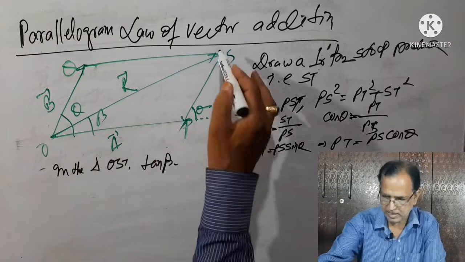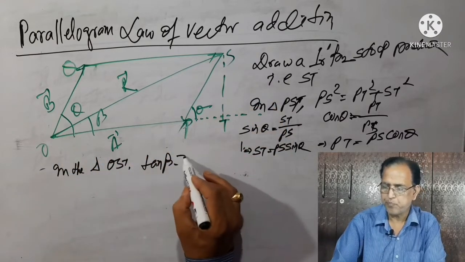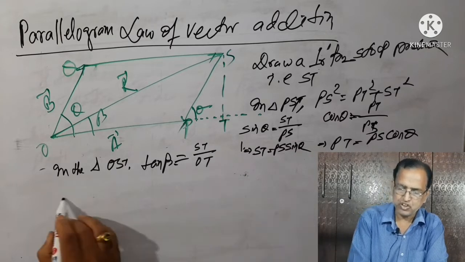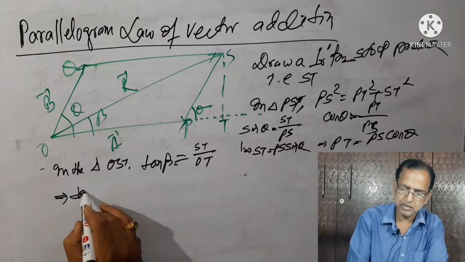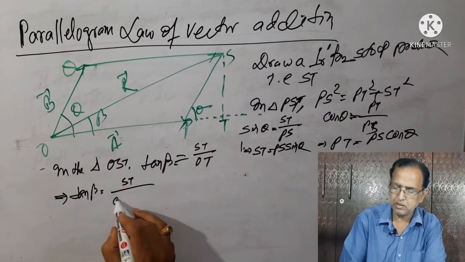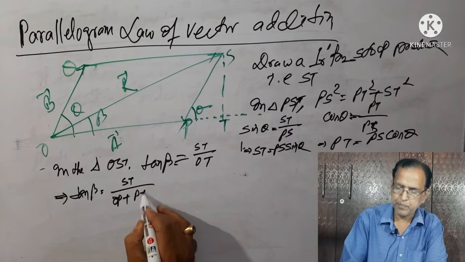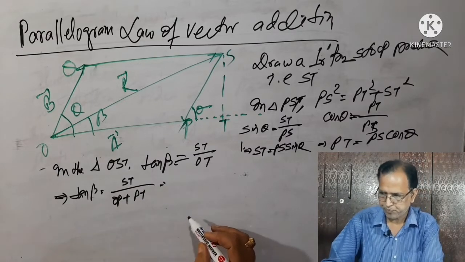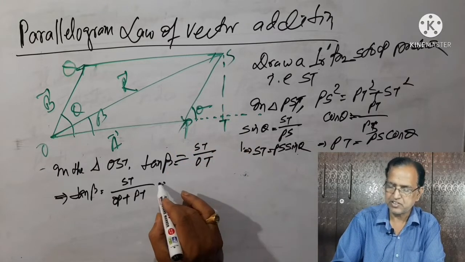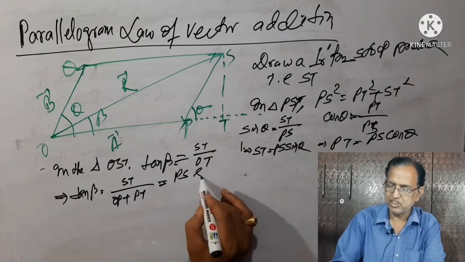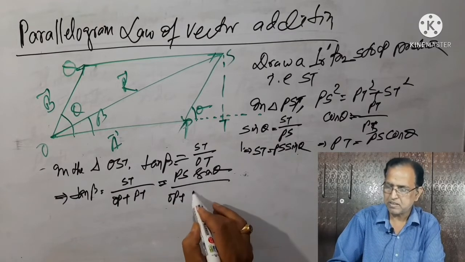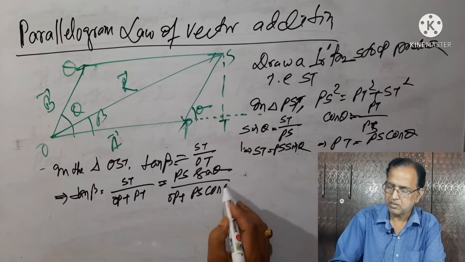Tan beta is equal to ST by OT, which is ST by OP plus PT. ST is PS sin theta and PT is PS cos theta.